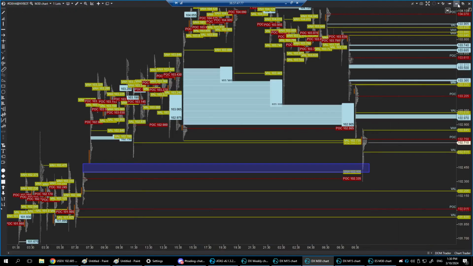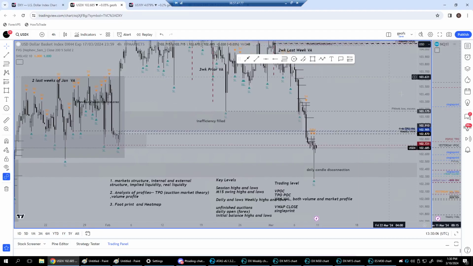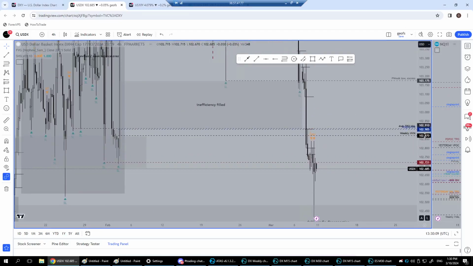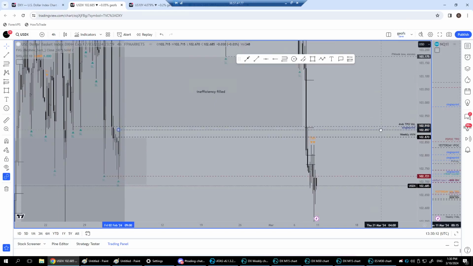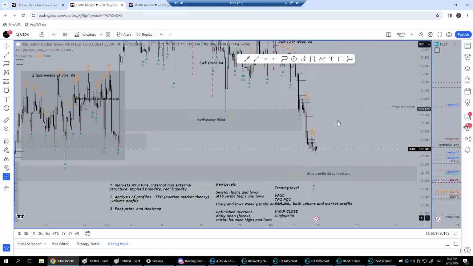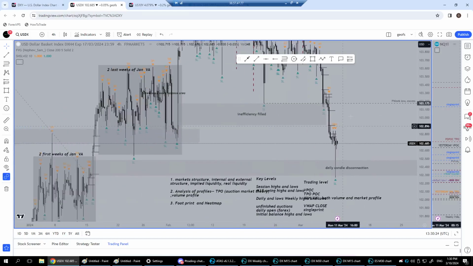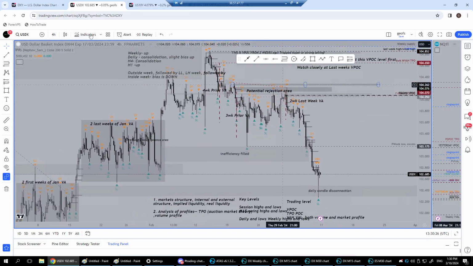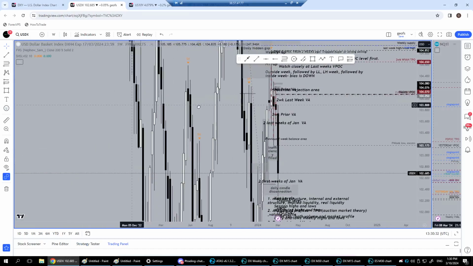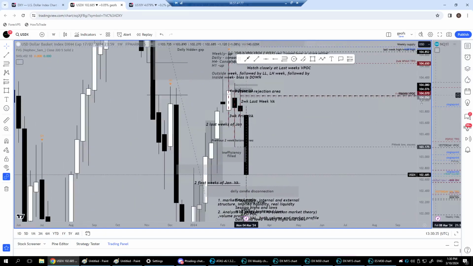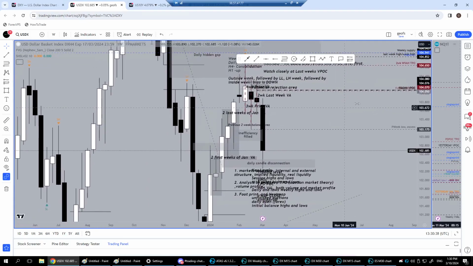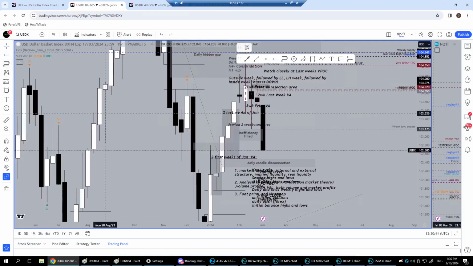So, how do we start this? Let's get rid of some more levels. First thing to do is go up a time frame. Start on the weekly. And I always note the weekly open and close, and the high and the low.